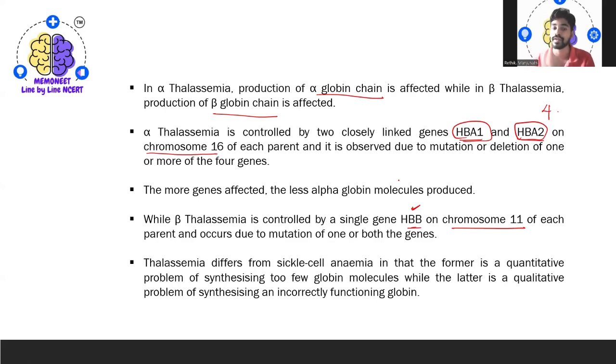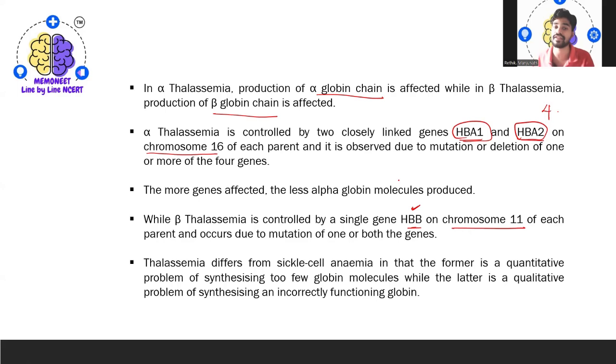Beta thalassemia. So this thalassemia differs from sickle cell anemia. How? Because there also I was talking about the beta globin chain, and here also I'm talking about the beta globin chain. But it completely differs from sickle cell anemia, because here it is a quantitative problem of synthesizing too few globin molecules.